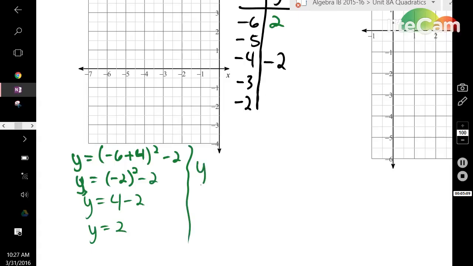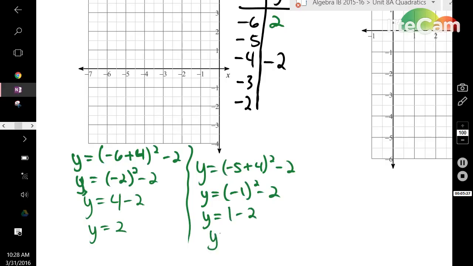Calculate for negative 5. Y equals, parentheses, negative 5 plus 4, squared, minus 2. Negative 5 plus 4 is negative 1, squared is 1. And 1 minus 2 is negative 1.